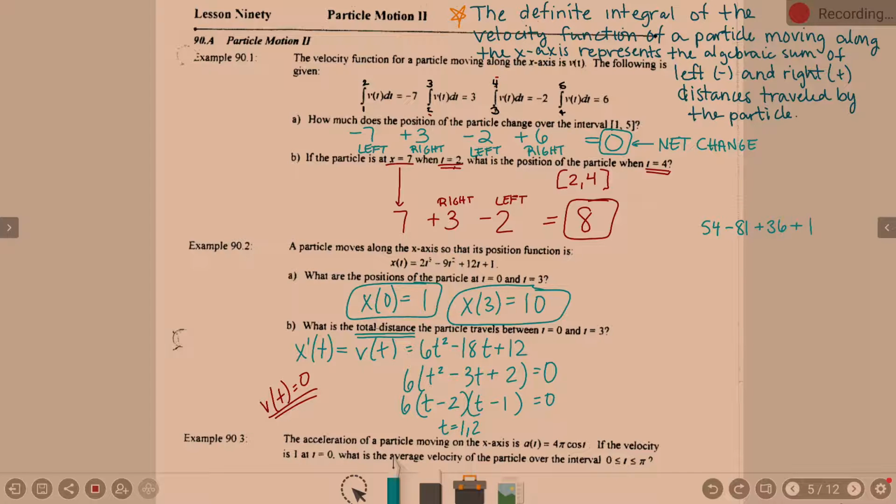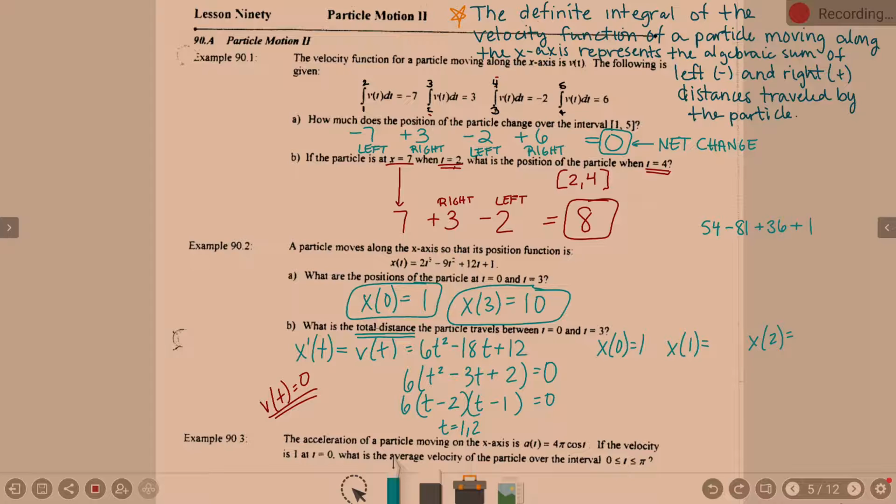Right. In other words, right now we know the position at 0 is 1. So at time 0, my position is 1. What about at time 1 and time 2? And I'm going off the screen here, but normally it fits better on my paper.